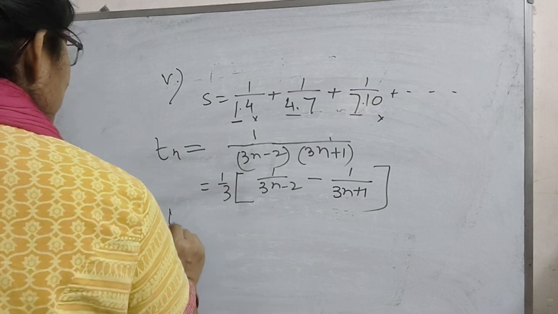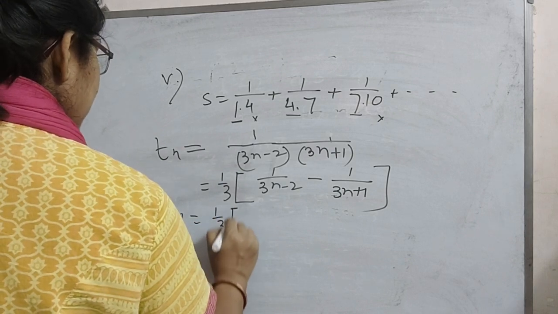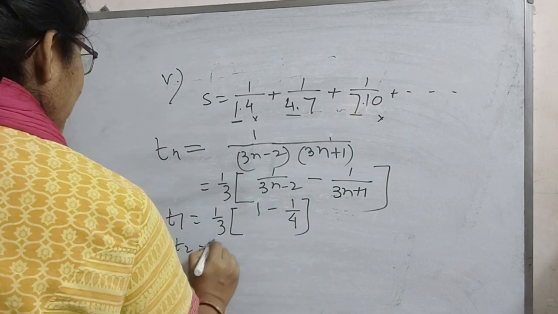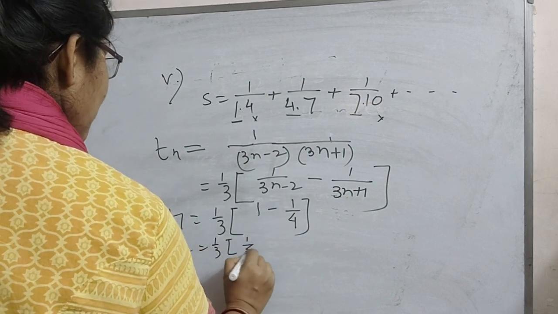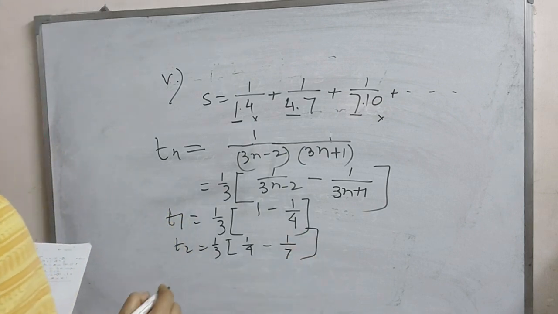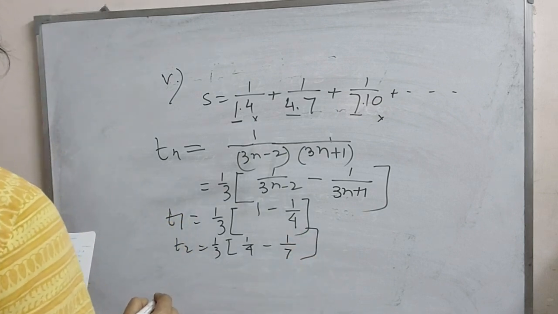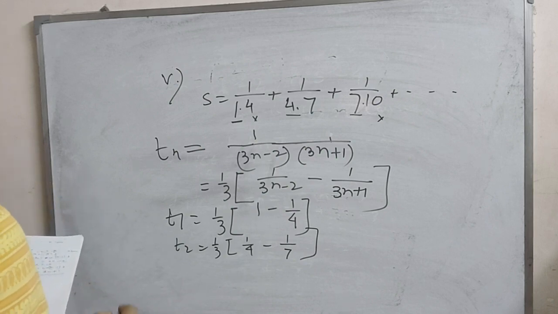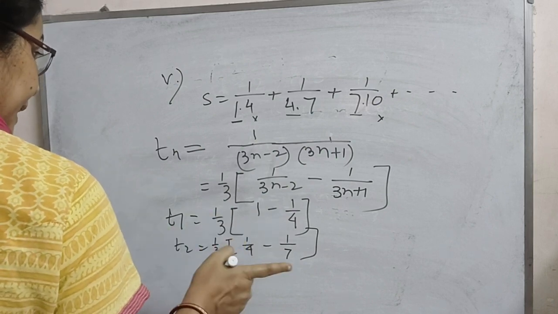Okay. So T1 equal to 1 by 3, first one is 1 minus 1 by 4. T2 equal to 1 by 3, 1 by 4 minus 1 by 7. And in this way I will get Tn.